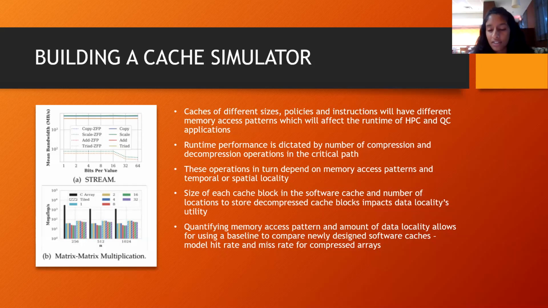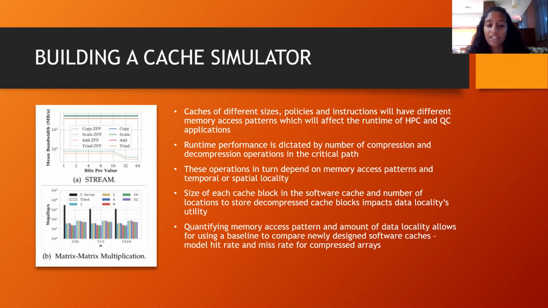Caches of different sizes and different policies, such as set associative or direct mapped cache, will definitely impact not only the runtime performance, but also the temporal or spatial locality, and this thereby has an effect on the memory access pattern.